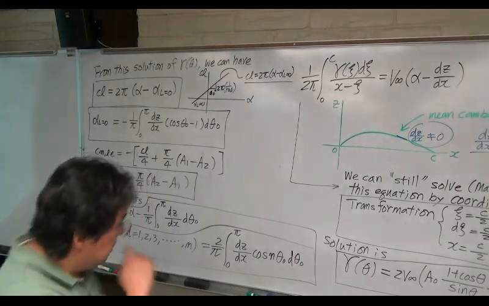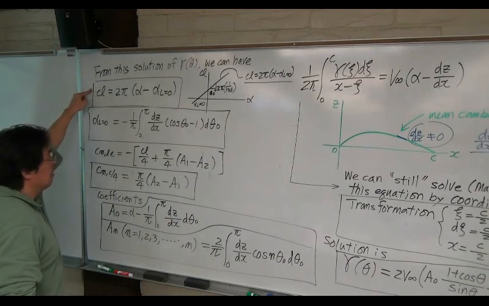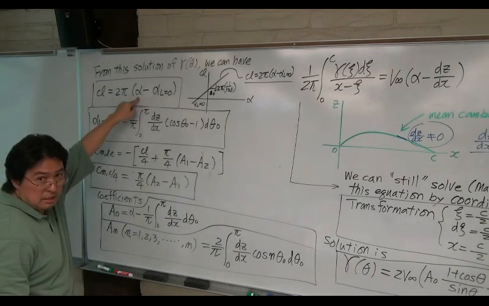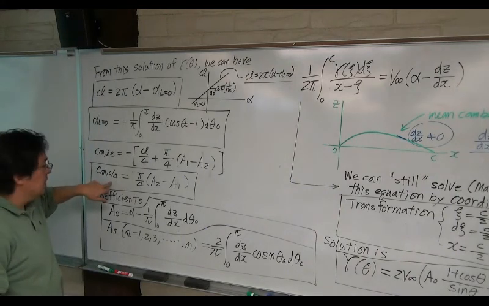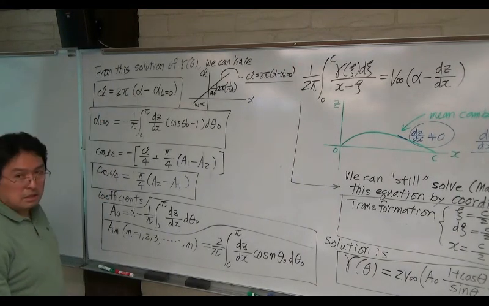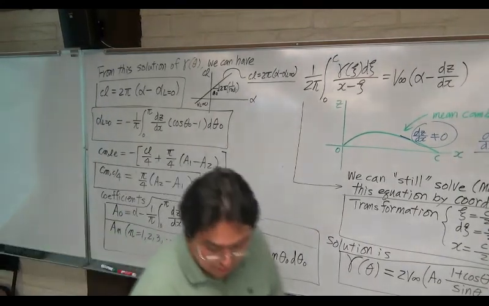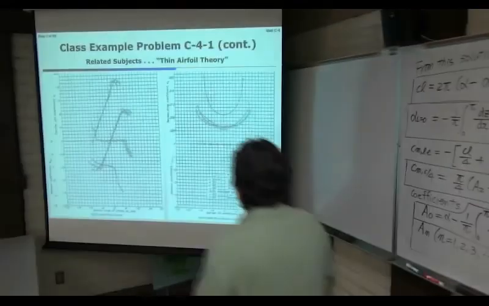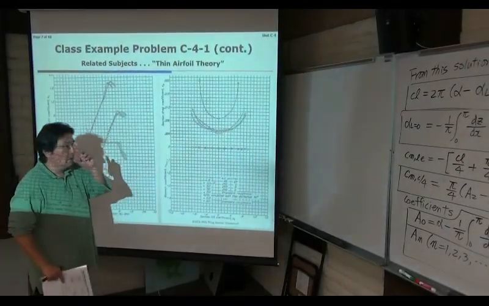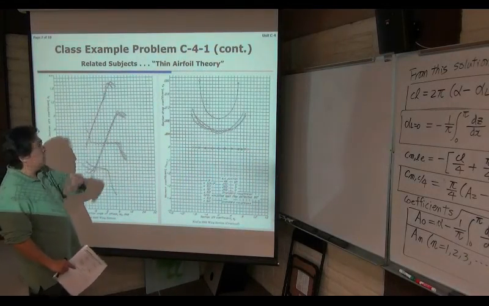So this is going to solve CL for a given alpha. This is going to give you the moment coefficient, also for a given alpha. It is going to be very important information. So you can use the symmetric thin airfoil theory, this is one, or you can use the cambered thin airfoil theory.